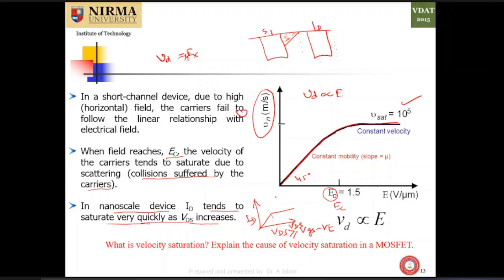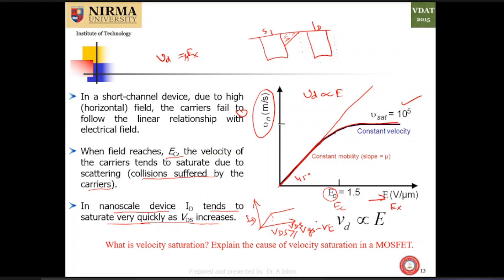But no. When the field reaches a certain critical value, the drift velocity is saturated. And in nanoscale devices, ID tends to saturate very quickly as VDS increases. Normally, this field we are considering is the EX or horizontal field due to VDS.